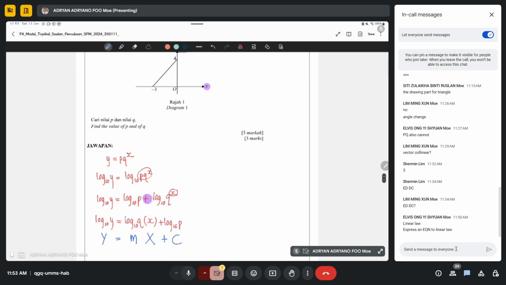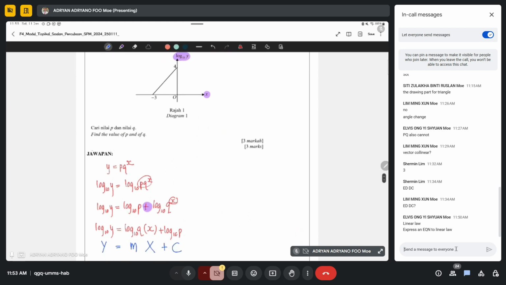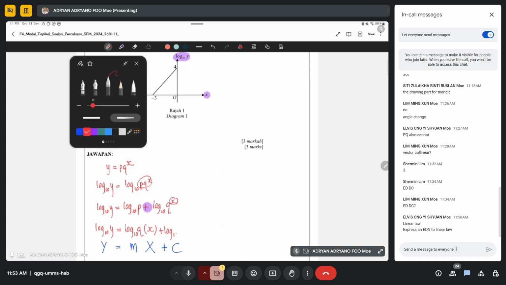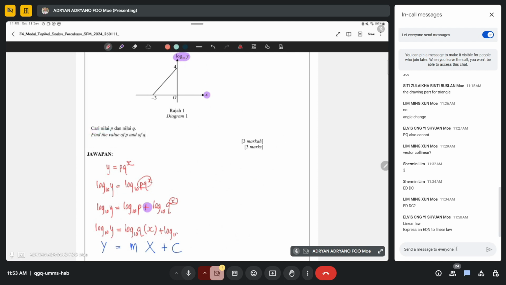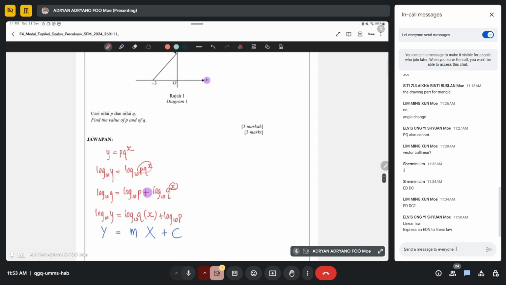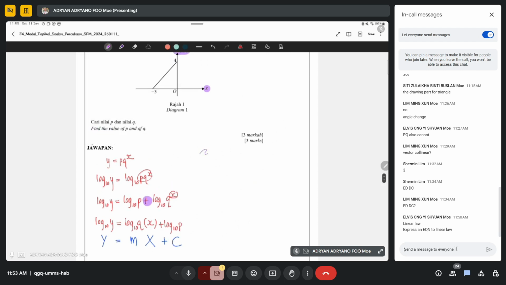Then with this information, you compare to find p and q. What is related to p? The y intercept. So how to find this? We know that log 10 p equals the y intercept. So log 10 p equals 4, so p equals 10 power 4.